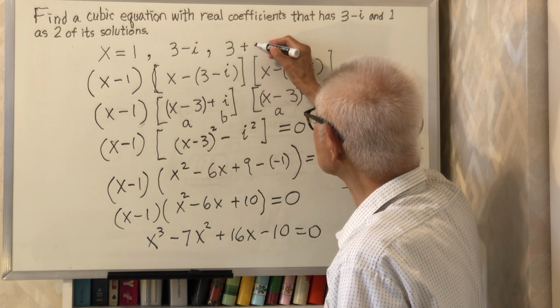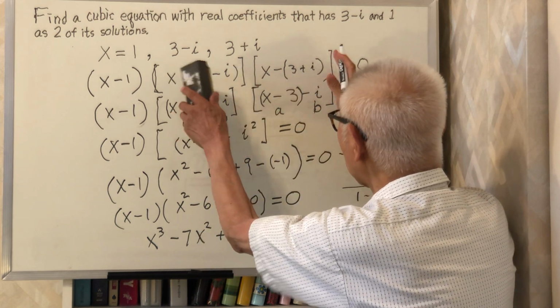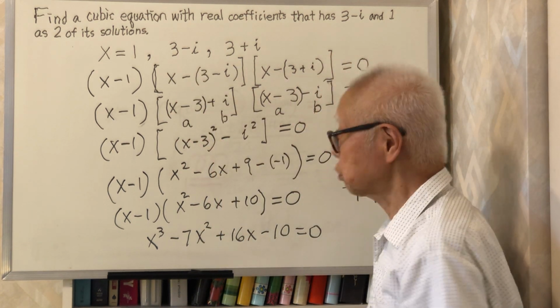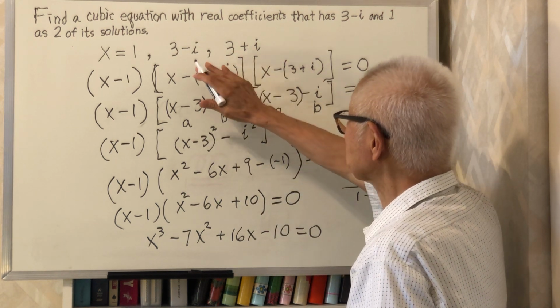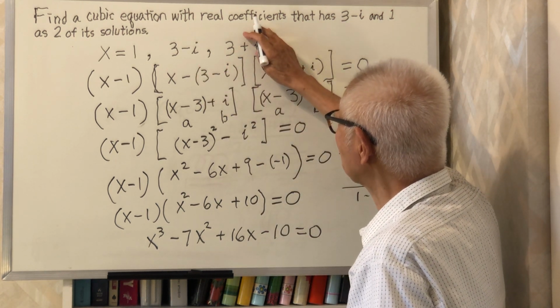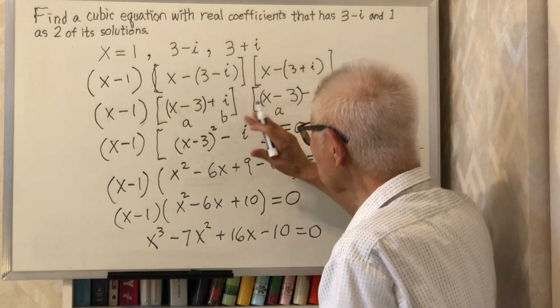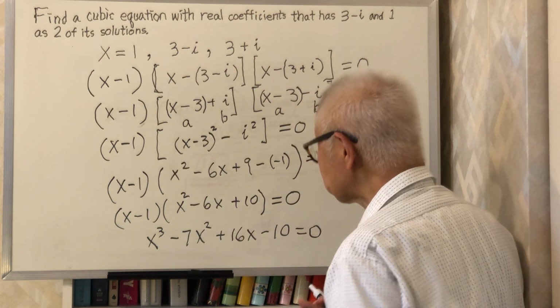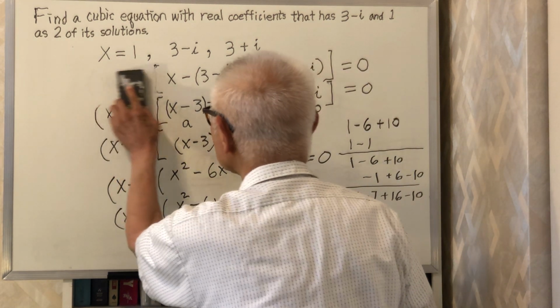Because I know this part is a quadratic function, I use the properties of quadratic function. I conclude that my third answer is this. Once I know this, I don't need to do all these. I have another method. So let me show you another method.